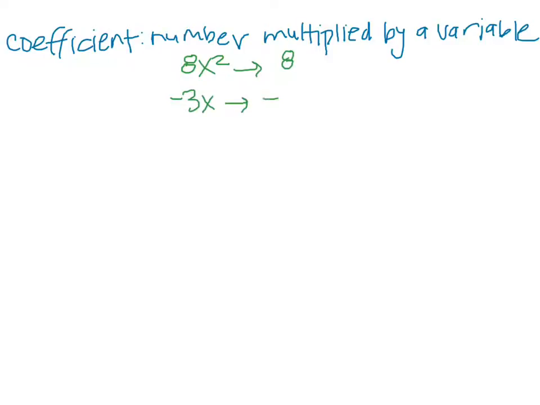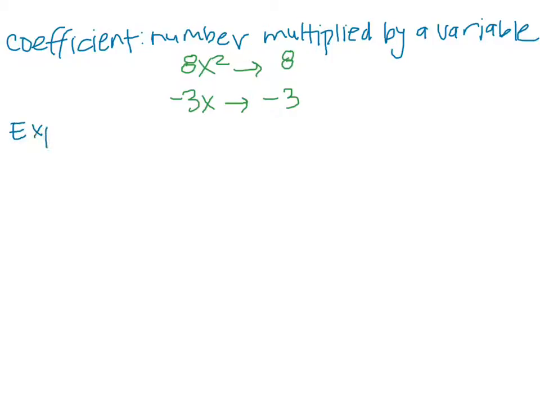The coefficient here is just negative 3. So a coefficient is the number that is being multiplied by a variable. If we had 5y, the coefficient would be 5.